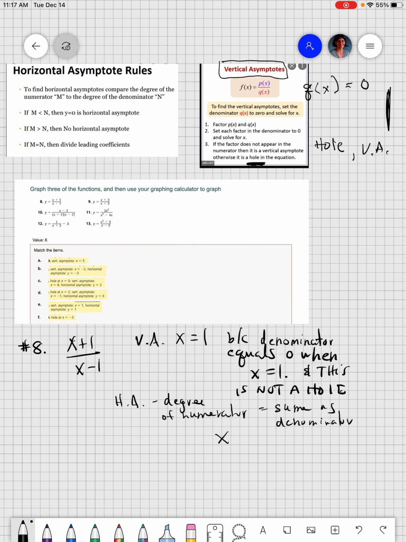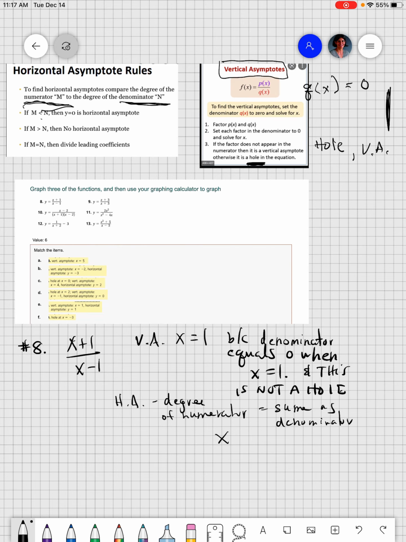And then if I'm looking at horizontal asymptotes, I need to look at the degree of the numerator. We're going to call that m. So whatever is the highest degree in the numerator, we're going to call that m, and whatever is the highest degree in the denominator, we're going to call that n. So when the degree of the numerator is less than the degree of the denominator, right?